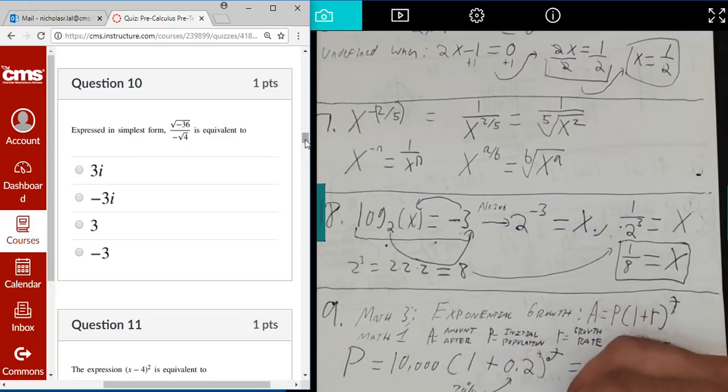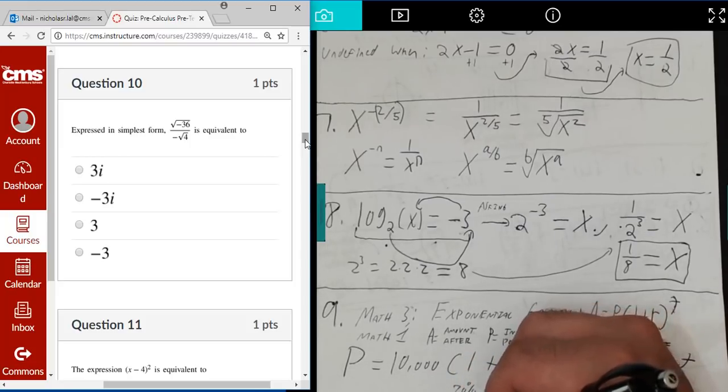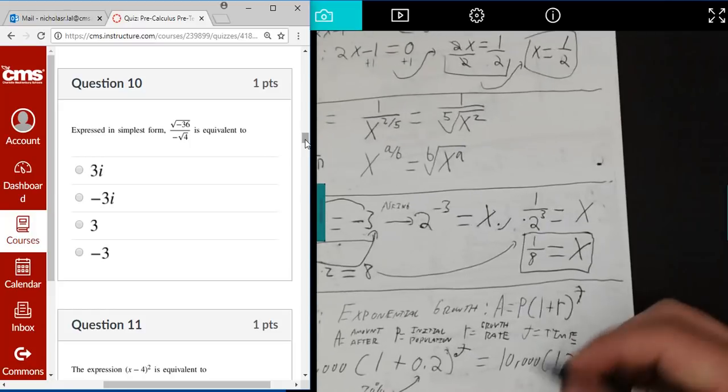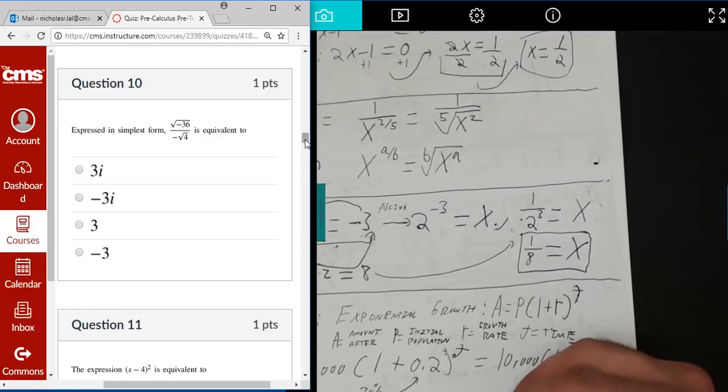And then we can bring that 36 out because the square root of 36 is 6. So we have 6 times the square root of -1 over 2. Next up, 6 over 2 is going to be 3.